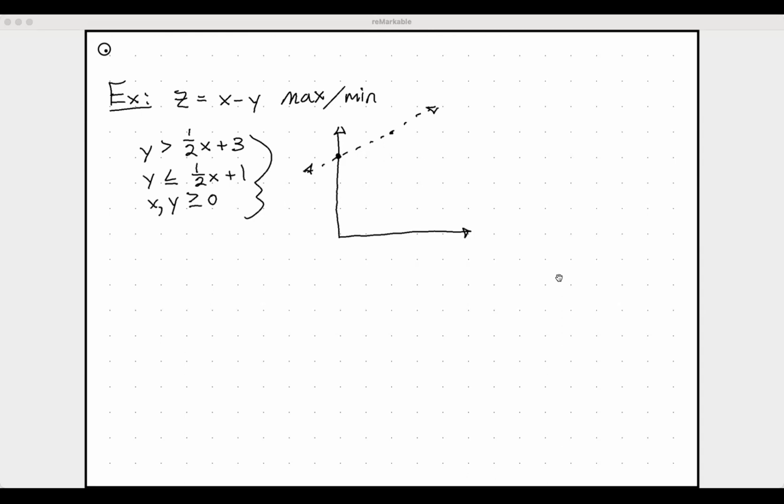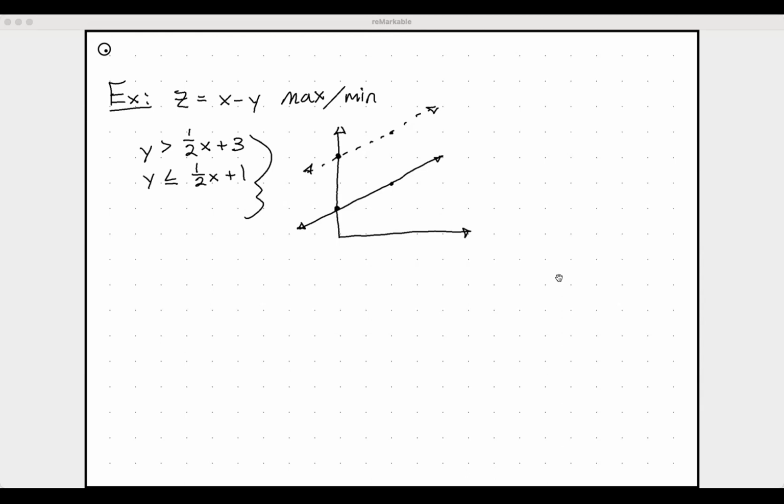Let's see, 1/2 x plus 1 would be something like this. This one is a greater than or equal to, so this one will be a filled in line. And then we have our normal constraint, the points must be positive. In fact, let's take this last one out. So points can be negative, let's say. So we only have to satisfy the first two inequalities.